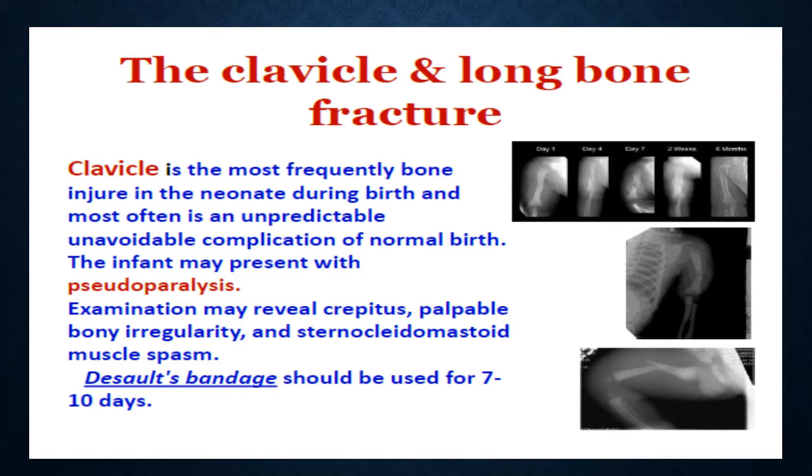As you see in the X-rays here, you can see a lot of types of long bone fractures. The humerus, maybe the femur sometimes, are broken due to undue force. You have to be very careful while manipulating the baby. You have to manipulate the joints, not the bone or the viscera, to avoid any trauma.